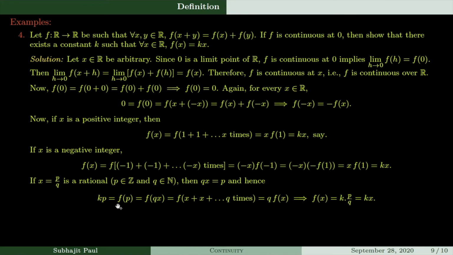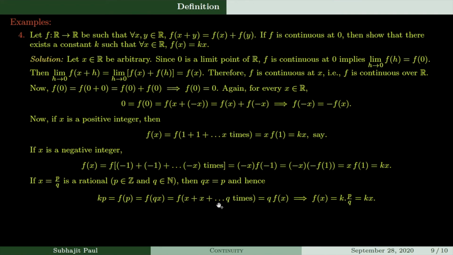So f at p is k times p. Now this p is qx, by the relation x equals p over q. So qx equals p, so p is qx. Now q is a natural number.